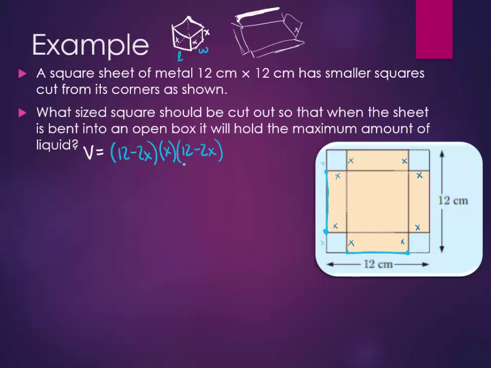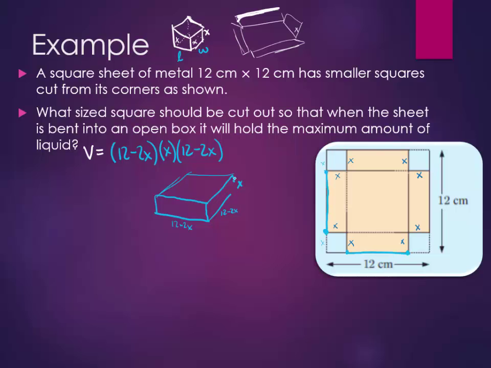If you want me to draw this out, here's what happens. We get this little box here. We have folded up the corners. Our height is x. We have 12 minus 2x right here and 12 minus 2x.